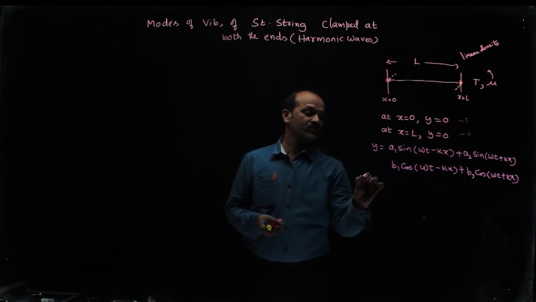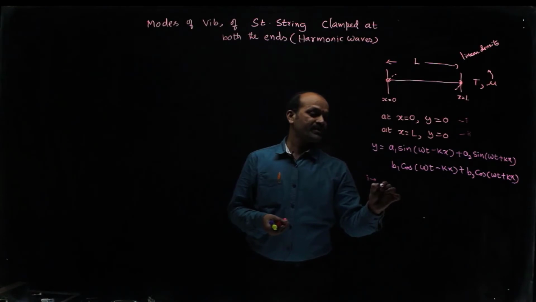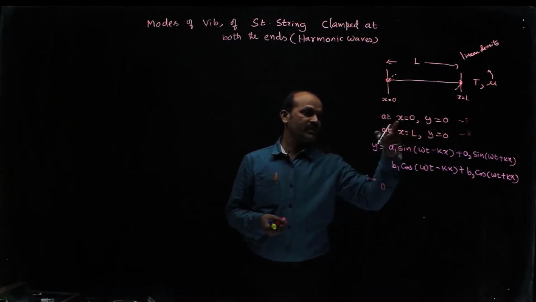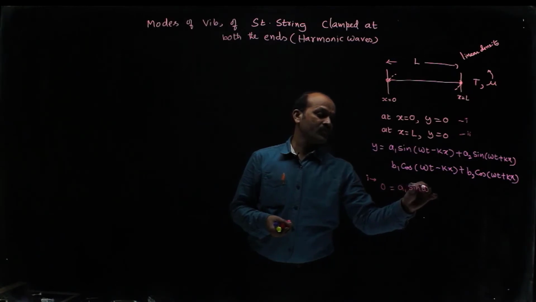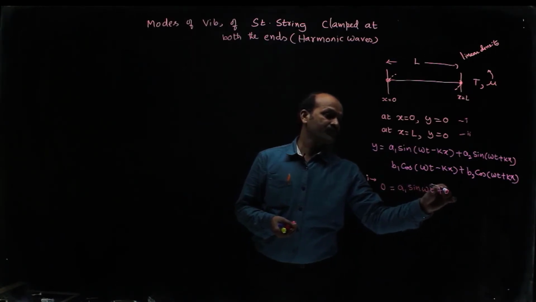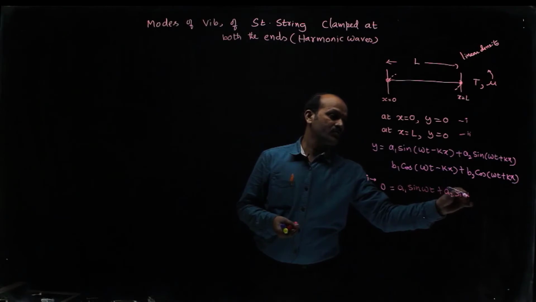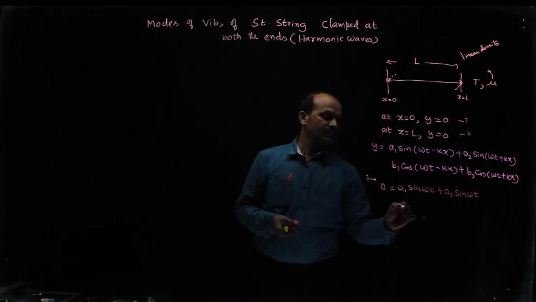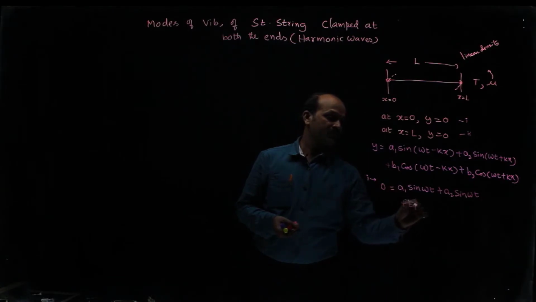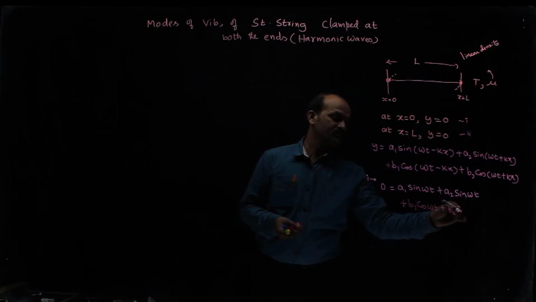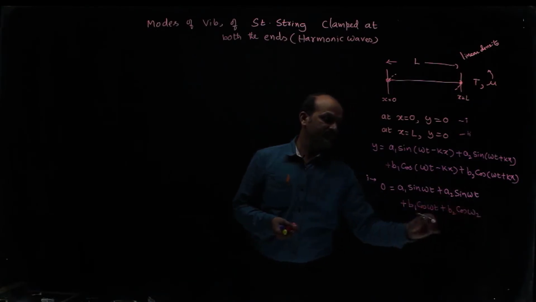We will apply the first boundary condition over here, then y is 0 at x is equal to 0. So we get a1 sin omega t plus a2 sin omega t plus b1 cos omega t plus b2 cos omega t.